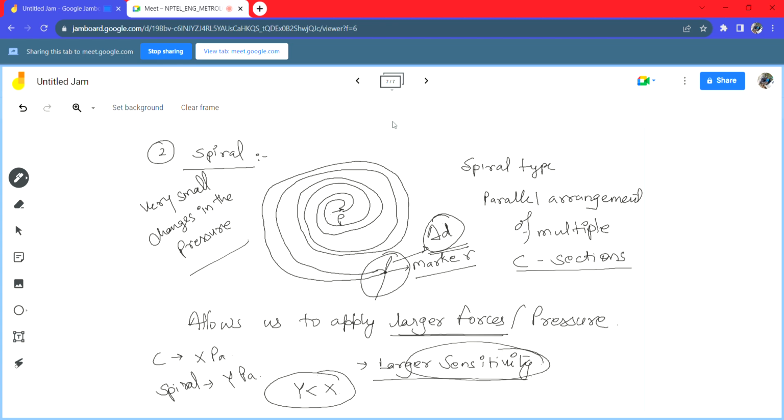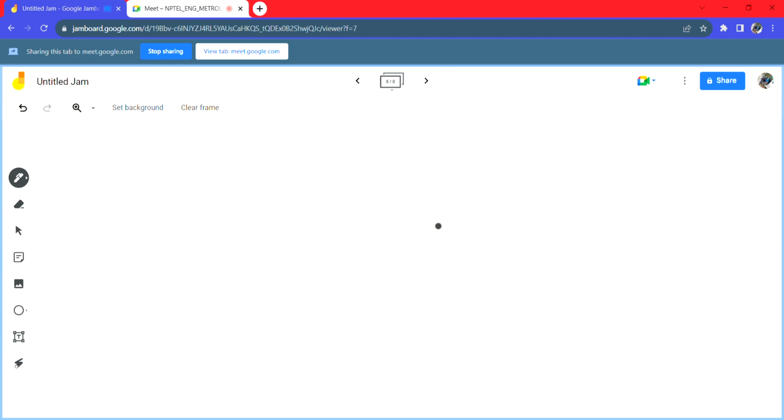Now moving on, the next device that we will see here is bellows.